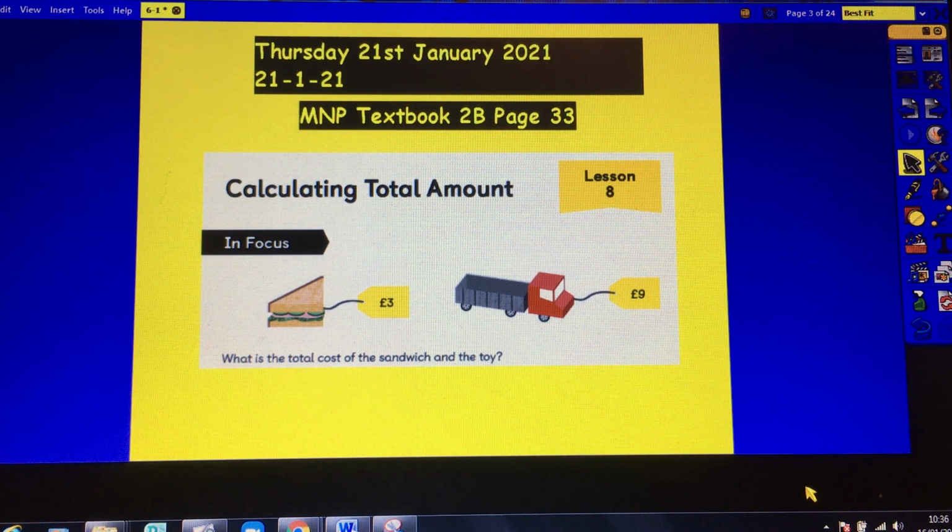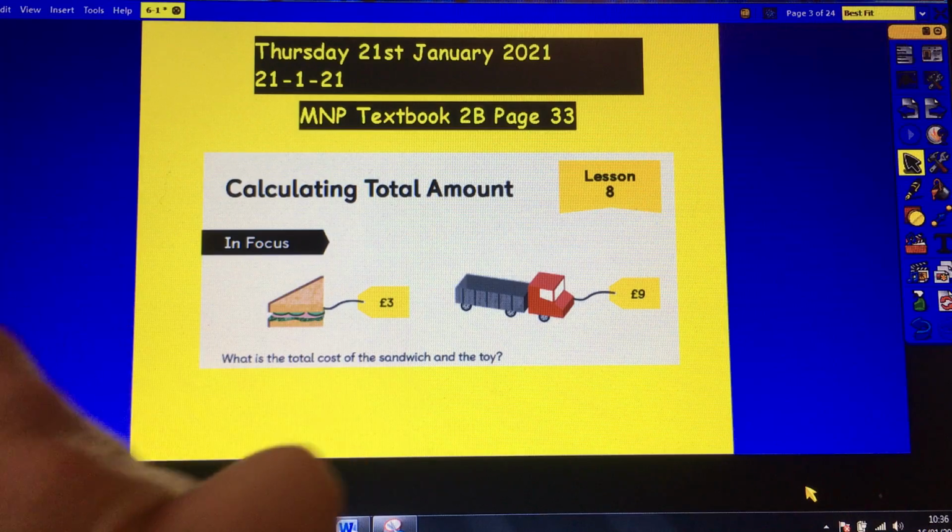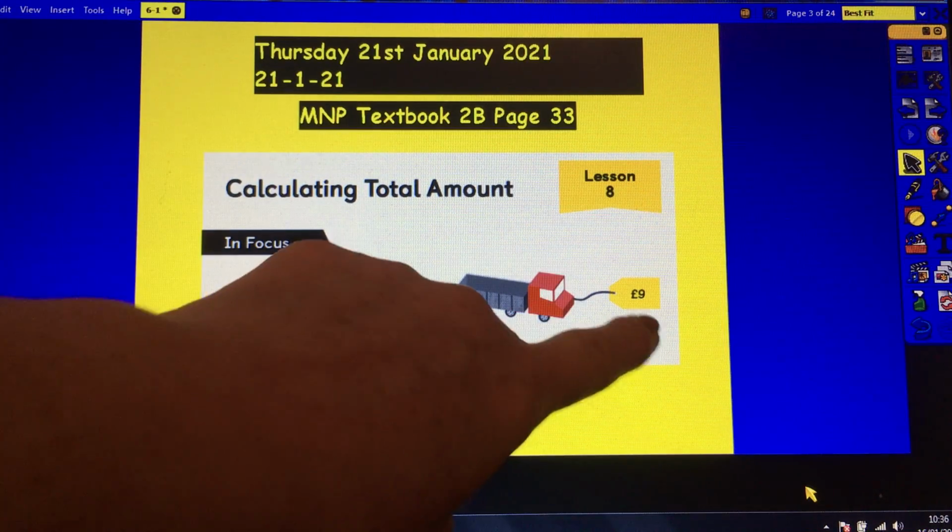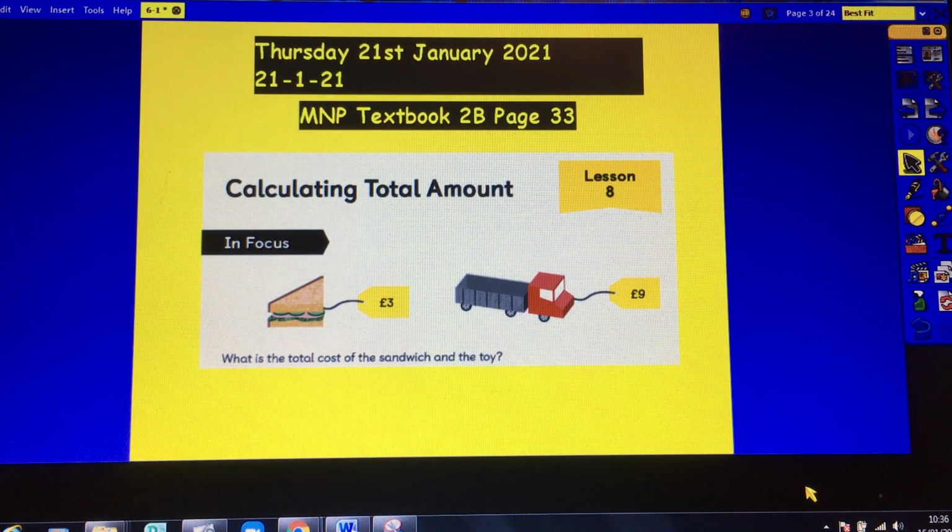Let's have a look at the in focus task. What is the total cost of the sandwich and the toy? And we have a sandwich that's costing £3 and a toy lorry that's costing £9. I'd like you to have a little think about the answer to that question. I think most of you will be able to do it in your heads. £3 add £9, or £9 add £3, because remember addition can be done in any order.